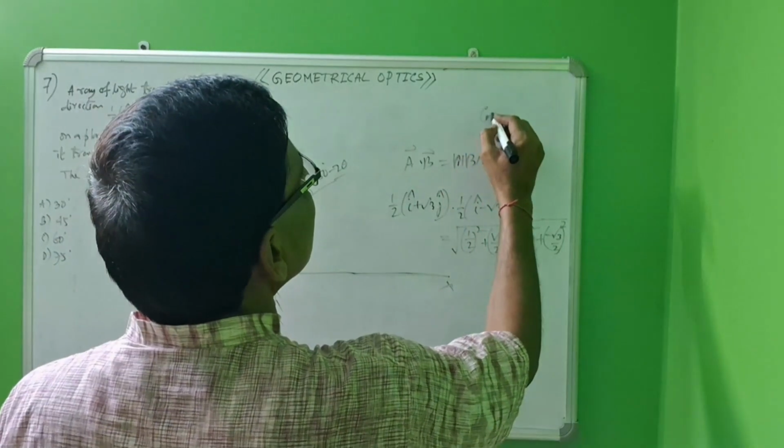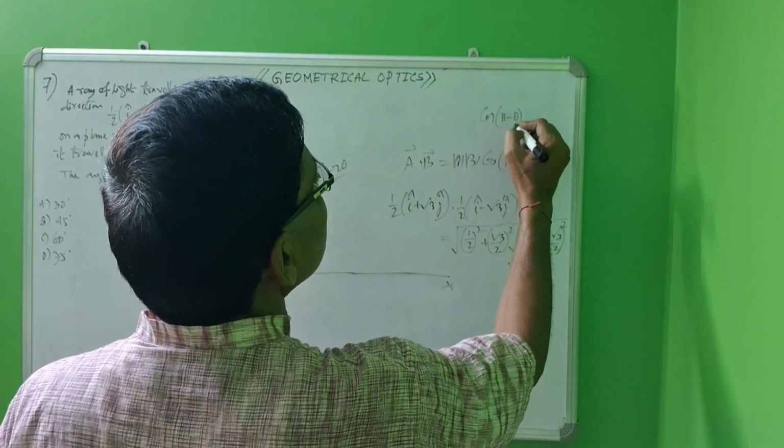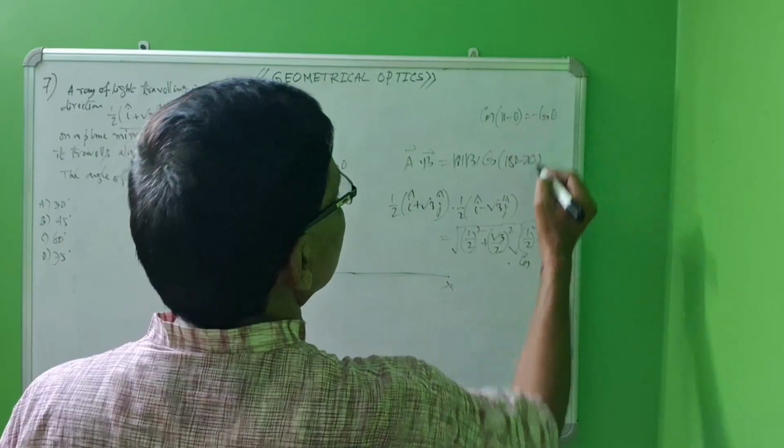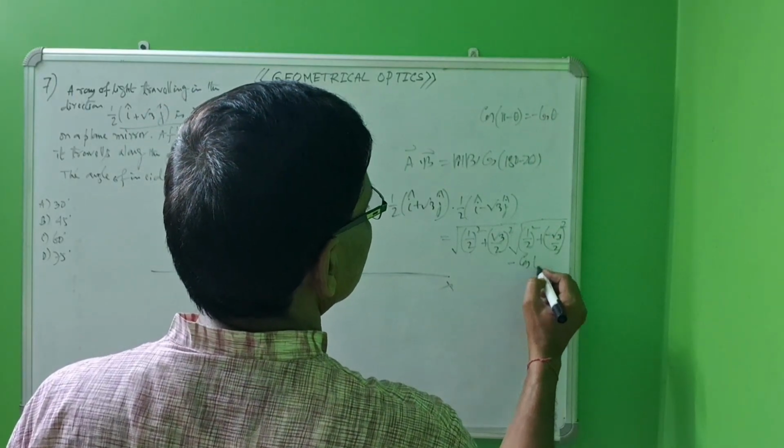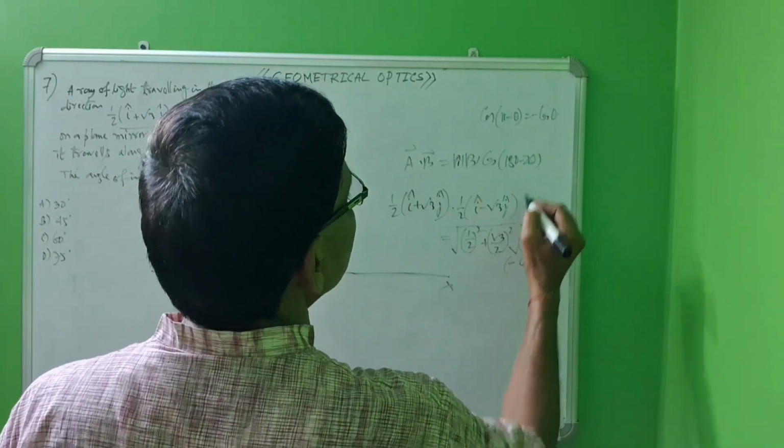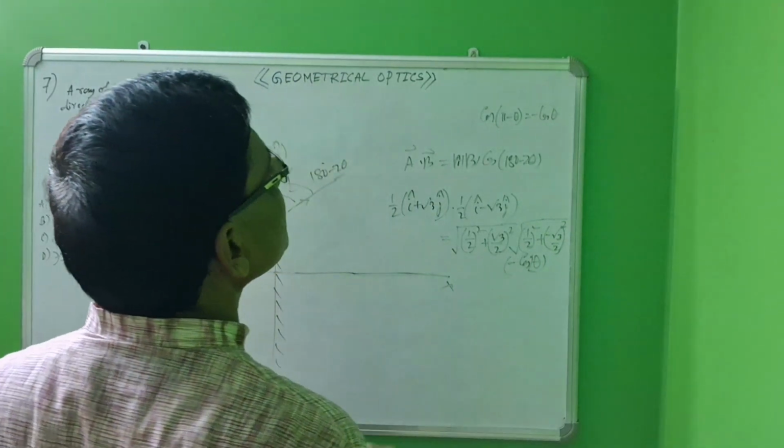We know cos of pi minus theta equals minus cos theta, so minus cos 2 theta.